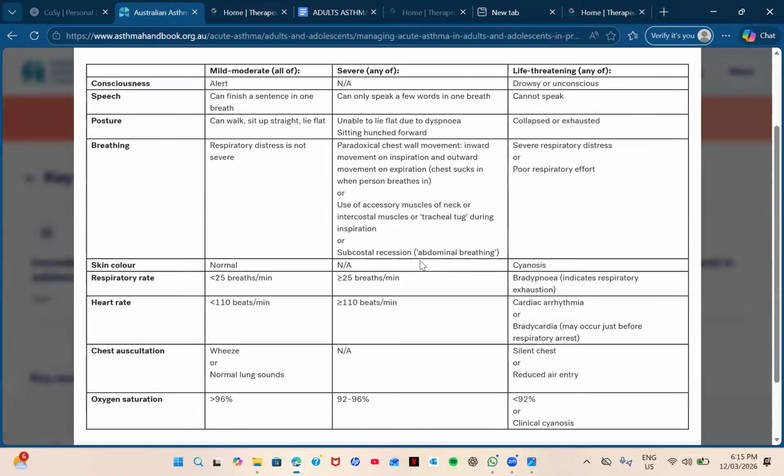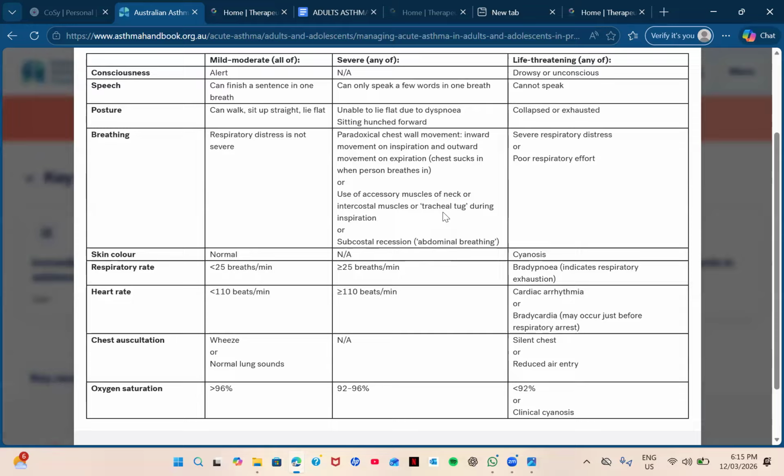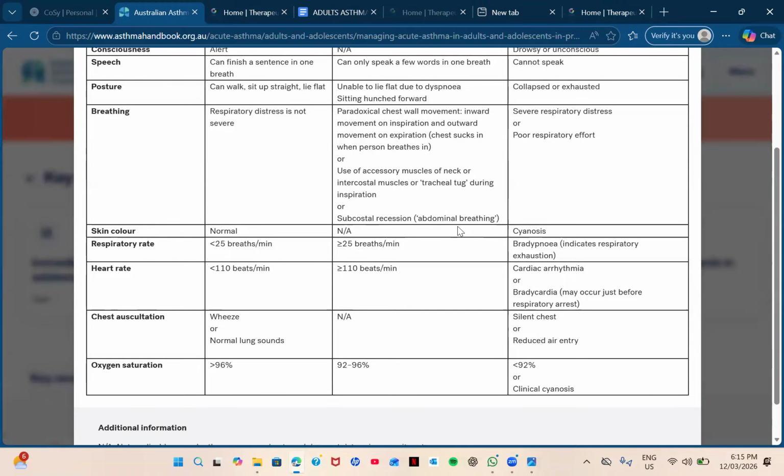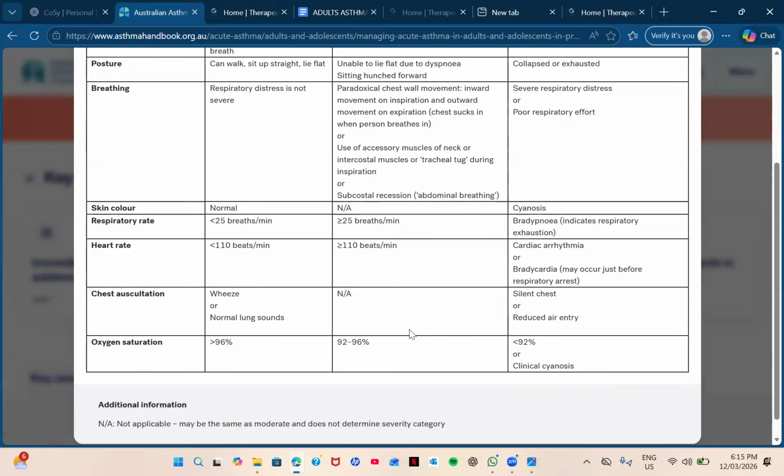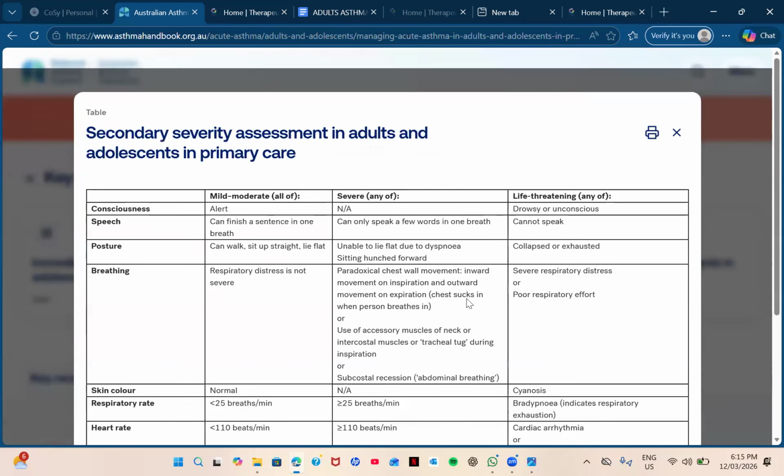Or use of accessory muscles of neck or intercostal muscle, and tracheal tug can be seen. Subcostal recession can also be seen, or we call it abdominal breathing, right? Respiratory rate more than 25, heart rate more than 110, oxygen saturation between 92 and 96%.